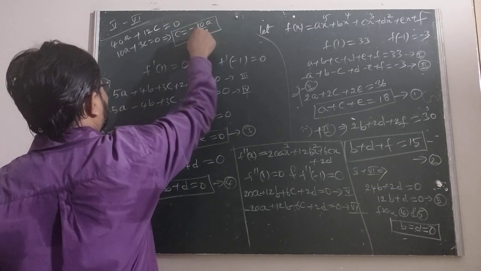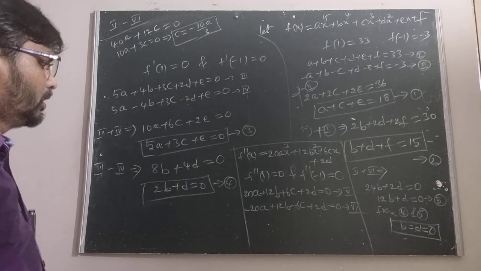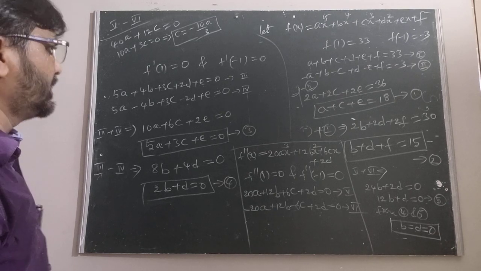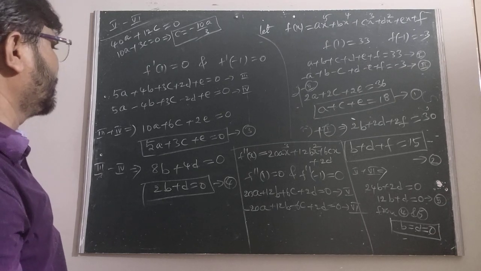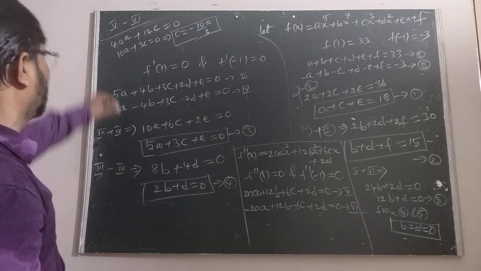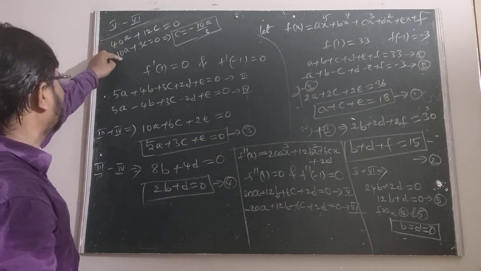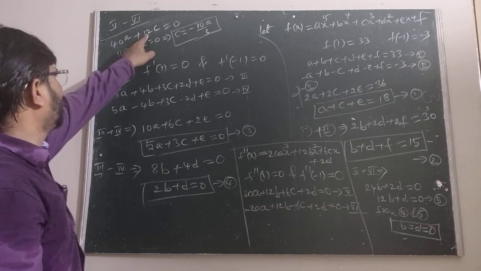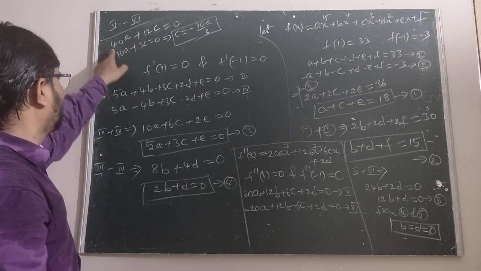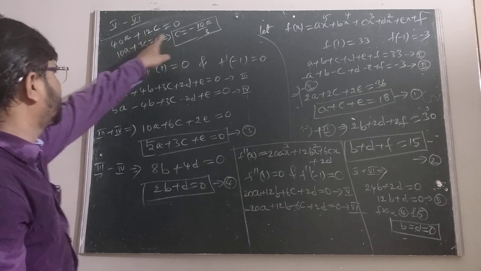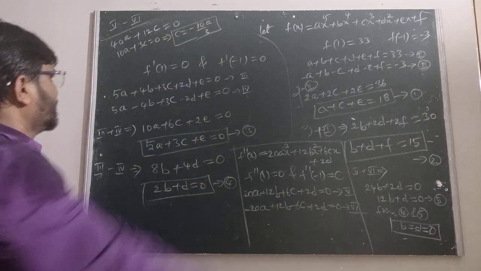This is the value of c. First of all it is 40a equals 12c, divided by 4: 4 tens, 4 threes. So c is minus 10a by 3.